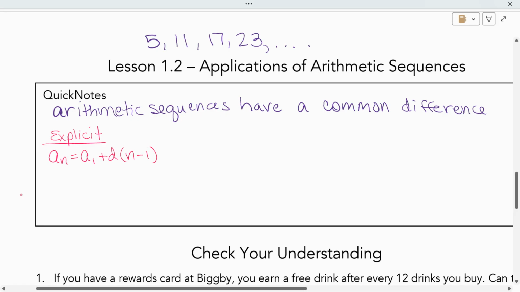So if we're writing an explicit rule, what is A sub 1 representing? The first term. Yeah, it could be a y value, but we don't know about this. It just could be a term in a sequence. Okay. What does D represent? The common difference.